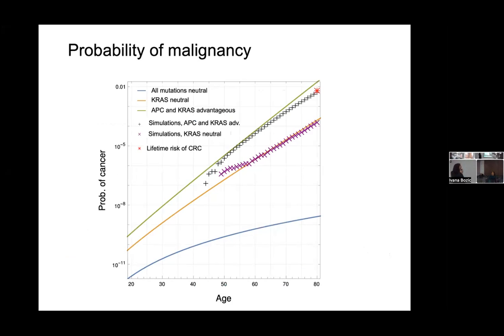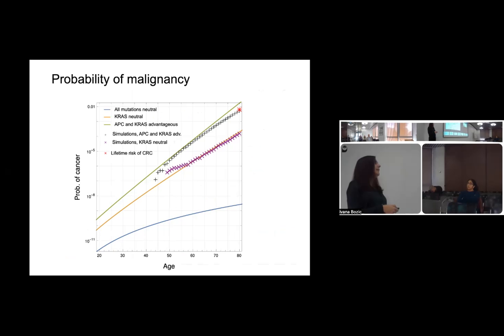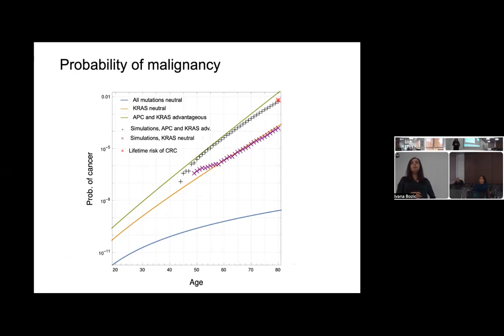Okay, so now I'm plotting here the 3 lines that correspond to these 3 formulas that I showed on the previous slides. The blue line is the probability of malignancy as a function of age in the fully neutral model.